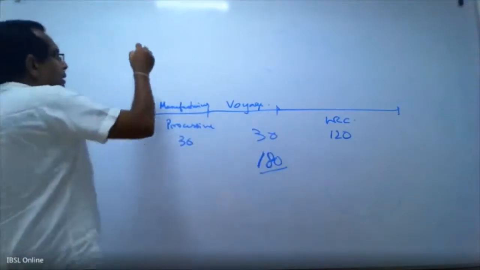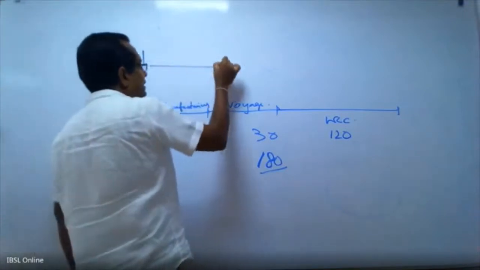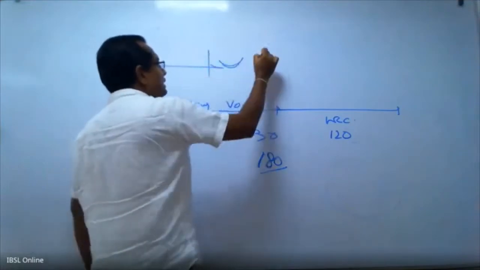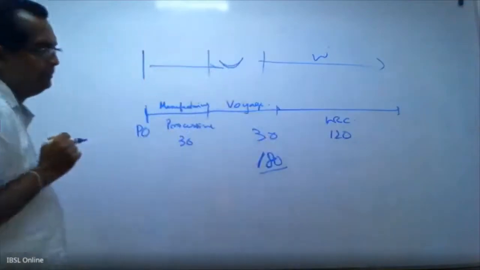Why? We need to open one LC here, then goods for the other LC should be on the voyage, then another LC on the working capital line.